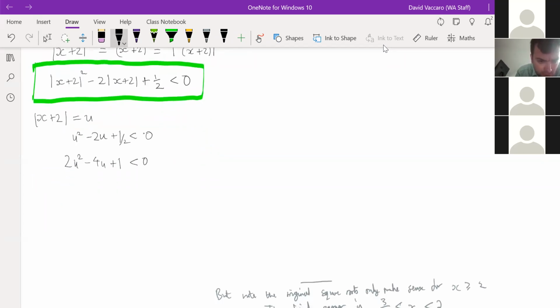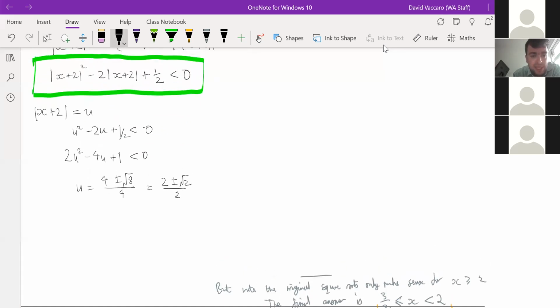And then I can solve this quadratic. I don't seem to be able to solve it nicely, but u is 4 plus or minus the square root of 16 take away 4 times 2, so take away the square root of 8 over 4, which is the same as 2 plus or minus root 2 over 2.